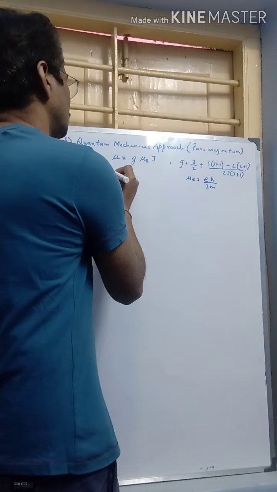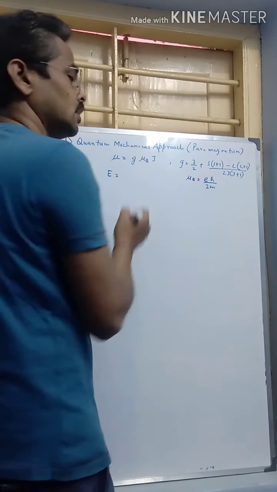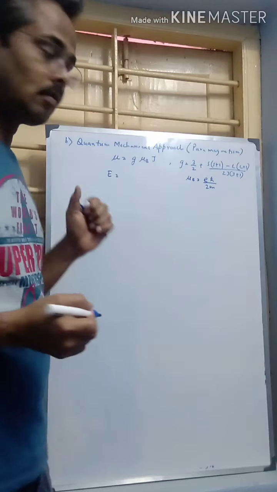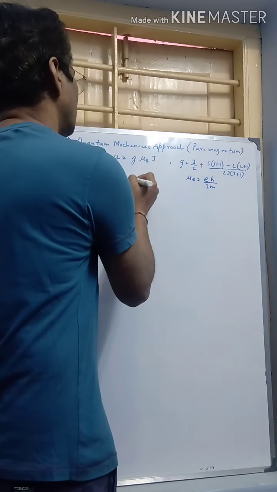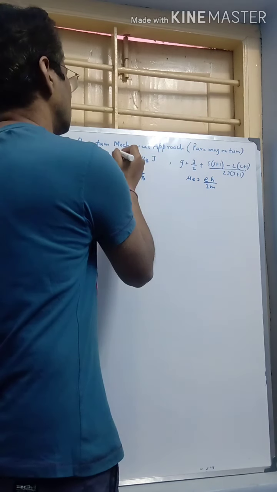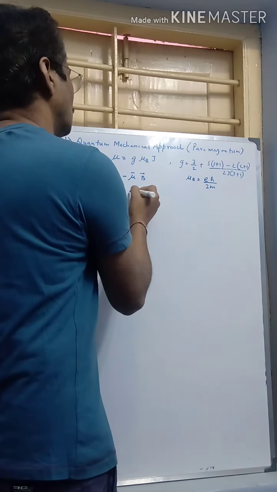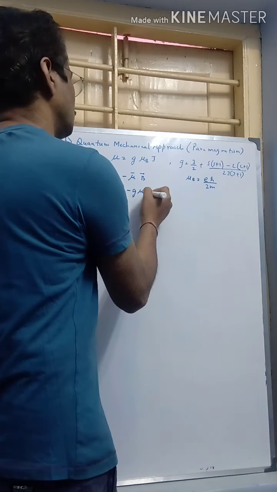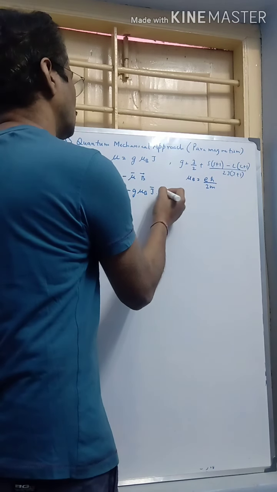energy. The energy would be the potential energy of such a dipole in the presence of external field, which is equal to minus mu dot B, which is equal to minus g mu_B J dot B in the external magnetic field.